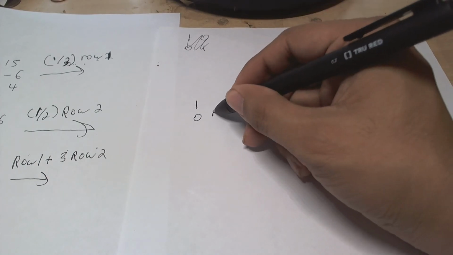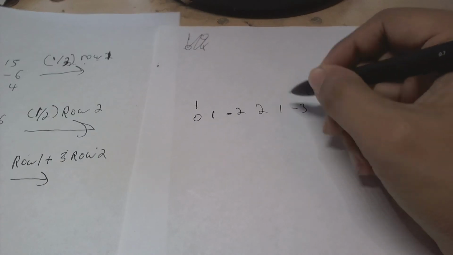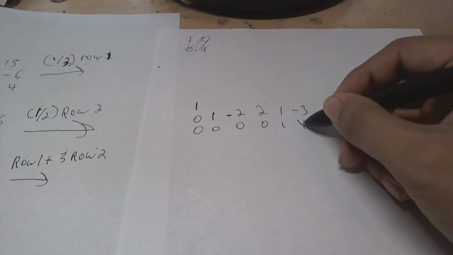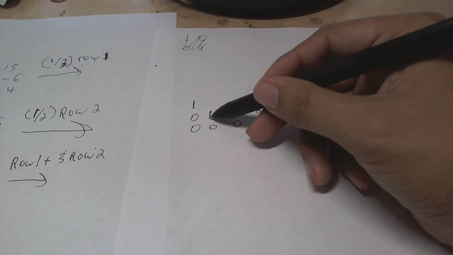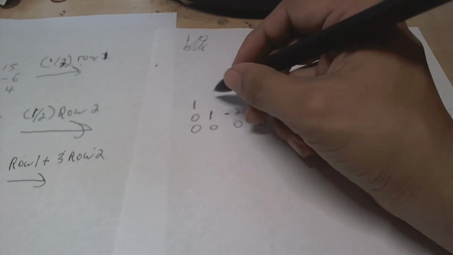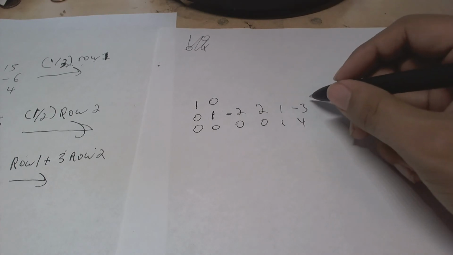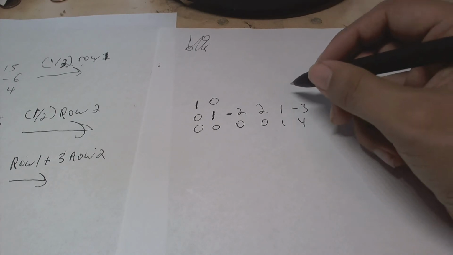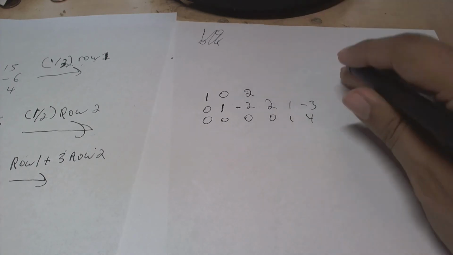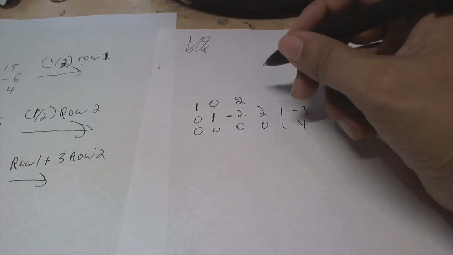So I'm going to write down row 2 first, then row 3. Notice if I multiply this by 3, I get positive 3. Negative 3 plus 3, you get 0. Then 2 times 3, that would be 6. 4 plus 6, that is... no, that would be negative 2, I'm sorry.